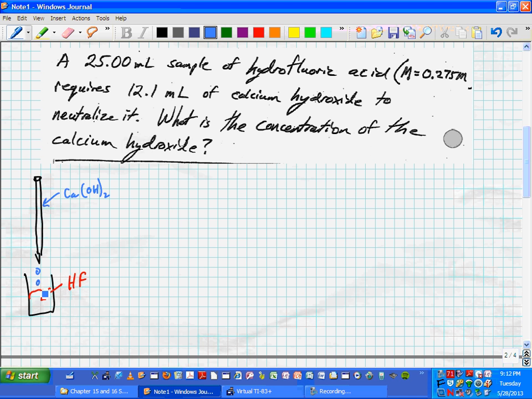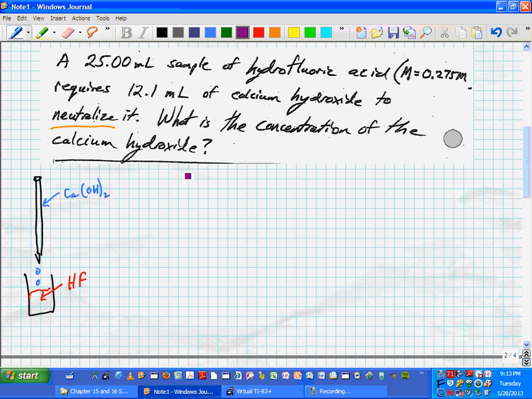Well, we said for stoichiometry, first thing we need is a balanced equation. So let's go ahead and get a balanced equation. All these neutralization reactions are basically an acid reacting with a base. They're just a specific kind of double replacement reaction. So let's go ahead and write this out, and you'll see how this works.